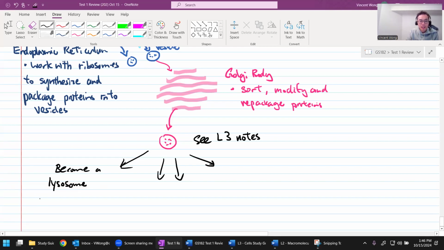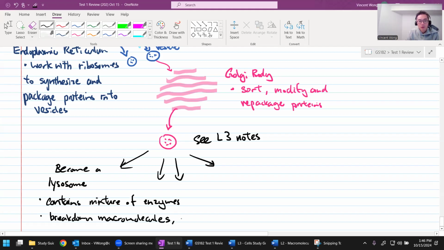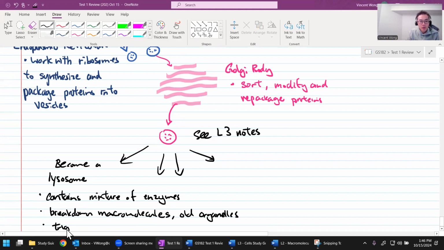A lysosome is also part of the endomembrane system. They contain a mixture of enzymes, so they can break down macromolecules, old organelles, and they could also trigger cell death.